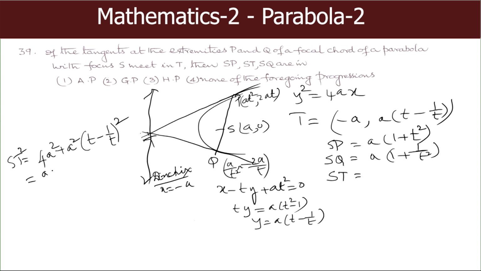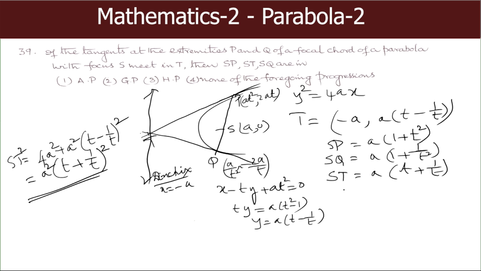Or a square common, t minus 1 by t whole square plus 4, that is t plus 1 by t whole square. So this is ST square. So what is ST? a into t plus 1 by t. Okay.